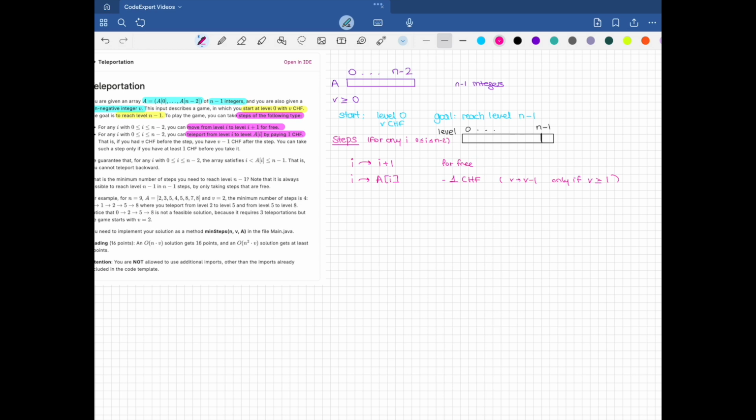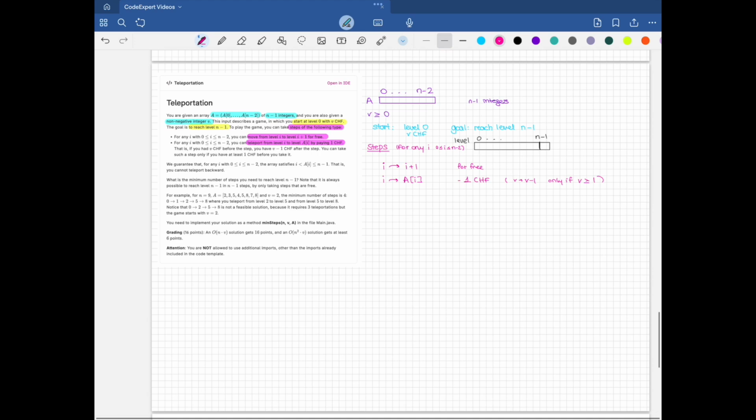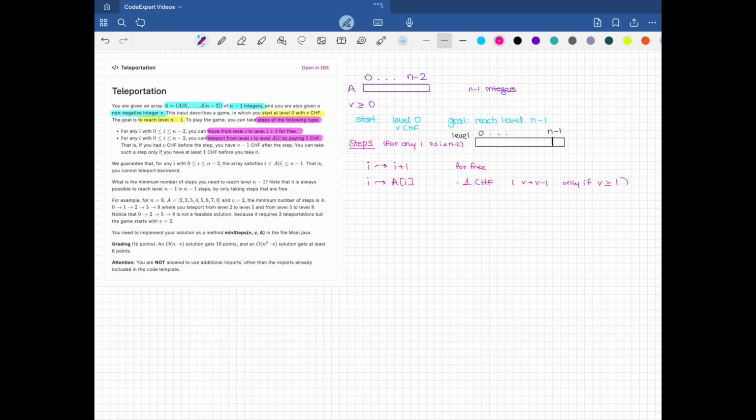Like 0 francs means basically you have no francs. Okay, so we guarantee that for any I starting from 0 till n minus 2, the array satisfies I is smaller than A of I, which is smaller than or equal to n minus 1, that is you cannot teleport backward. Okay, this is cool, it will be easier.